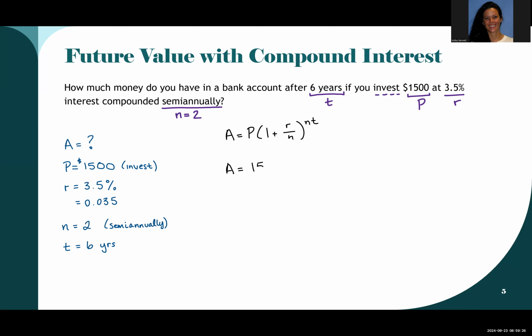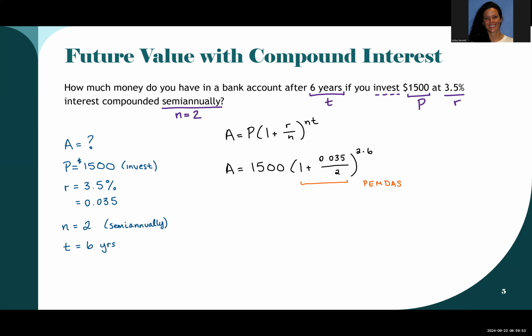So I can plug these in and I'm going to get A equals 1,500 times the quantity 1 plus 0.035 over 2, to the power of 2 times 6. We need to really rely here on PEMDAS, because if we do it out of order, we're going to get the wrong answer. So let's work within the parentheses first: 1 plus a fraction.